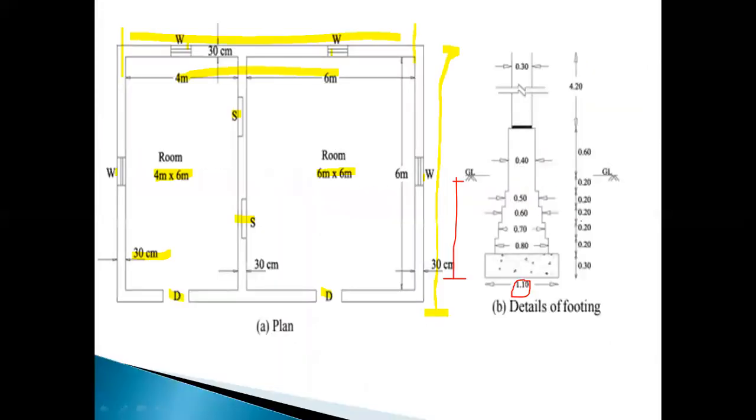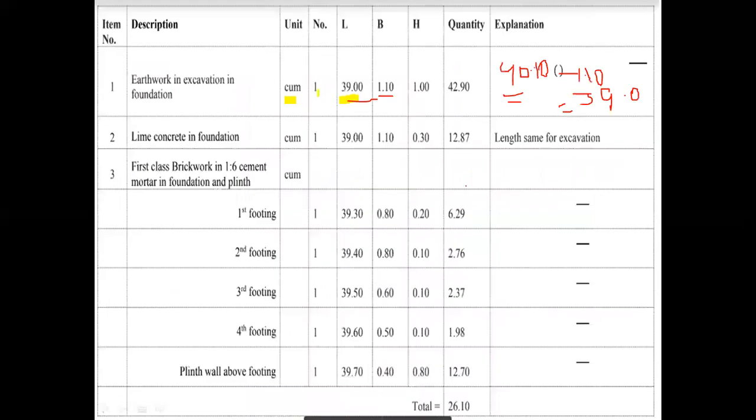Next one, height: the sides are 0.10, and 3 footings. So heights are 0.20 and 0.10 plus 0.10 plus 0.10 plus 0.20 plus 0.30, that equal to 1 meter from ground level, total adding values.